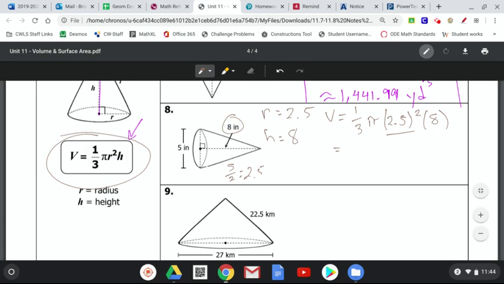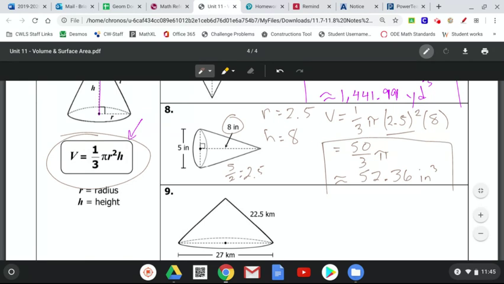When you do that, this one we're just going to leave in fraction form because it's a repeating decimal. So it's just going to be 50 over 3 pi, okay, which is approximately, as a decimal approximation, 52.36 inches cubed.